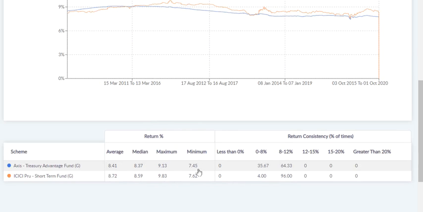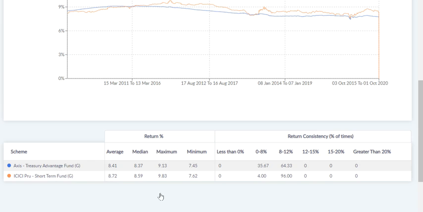So you see the minimum here 7.6 to 7.45, then the maximum is 9.83, here it is 9.13, and the median, that means where most of the dots fall in. Most of the dots fall in at 8.59 for short term and 8.37 for treasury advantage.